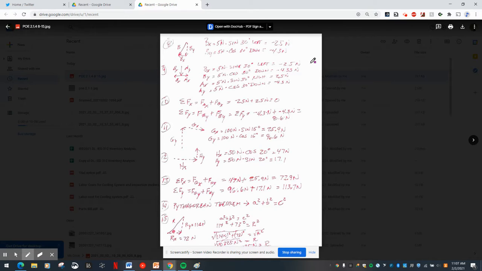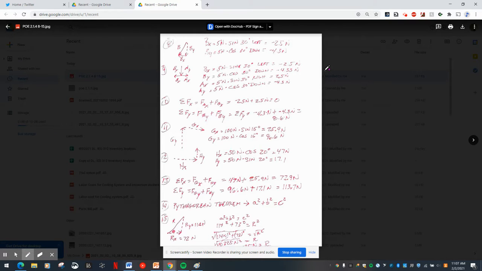Remember, sine equals opposite over hypotenuse. Okay, so cosine, right? Adjacent over hypotenuse. You have to remember these things. So it's important to know where the angle is, if it's adjacent to the y axis or the x direction.